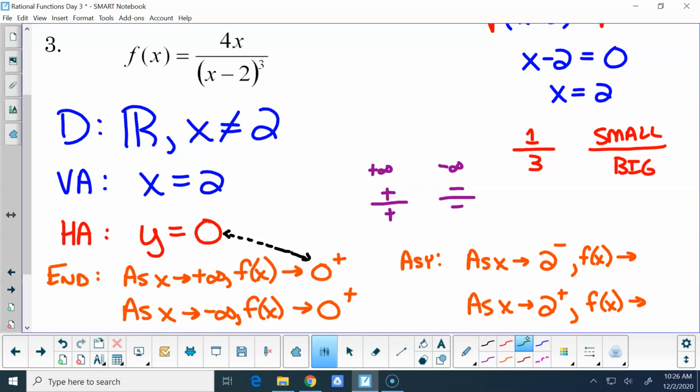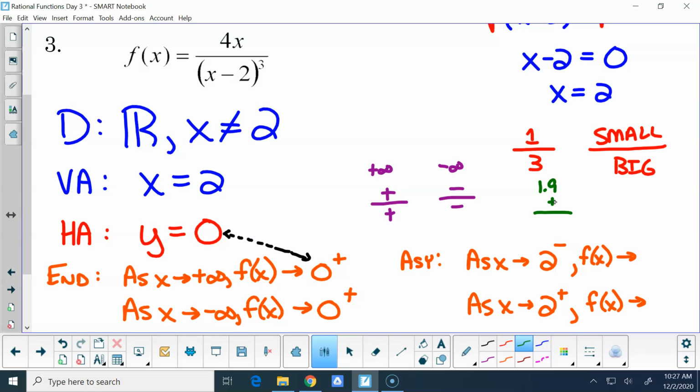So if I go from the left, give me a number on the left side of 2. 1. Okay, so let's go like 1.9, because then we're a little bit closer. If I put 1.9 in there, on top, 1.9 times 4 is still going to be positive, right? Positive times positive, still positive.